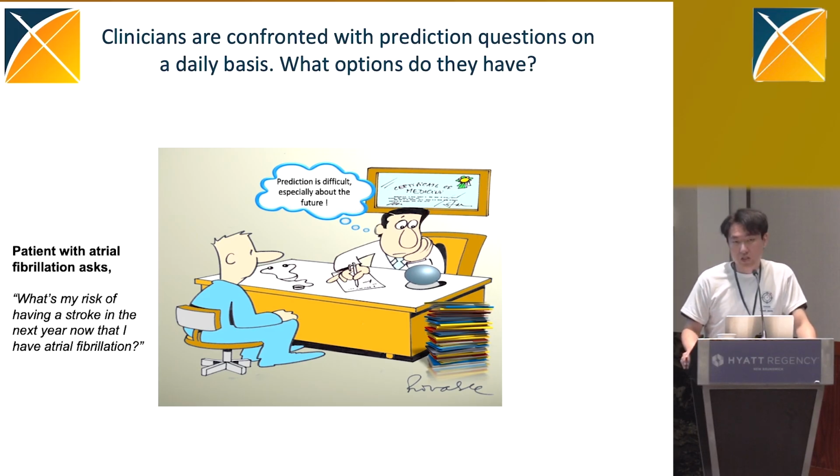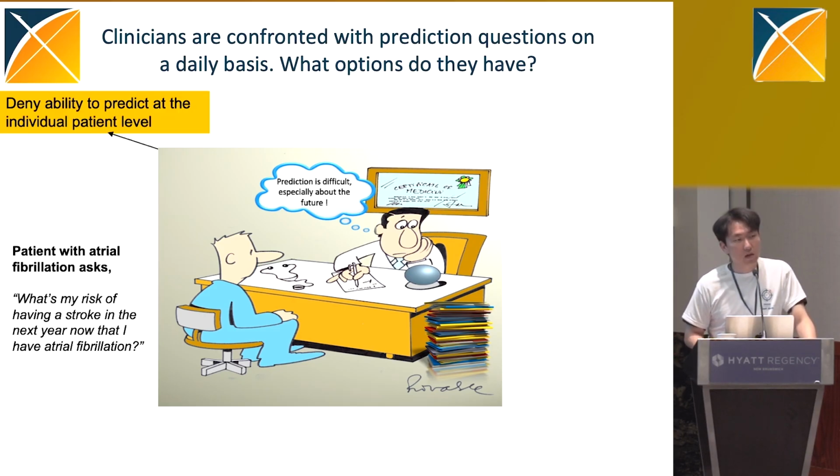When questions like that come up, what can a doctor really do? So first, the doctor can deny the ability to predict at the individual level, just saying, we cannot really predict your risk precisely. It is not what patients want to hear, but sometimes it's the most truthful answer.